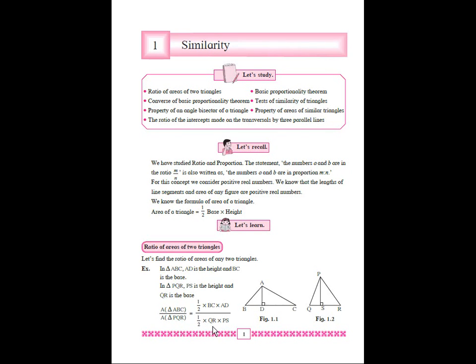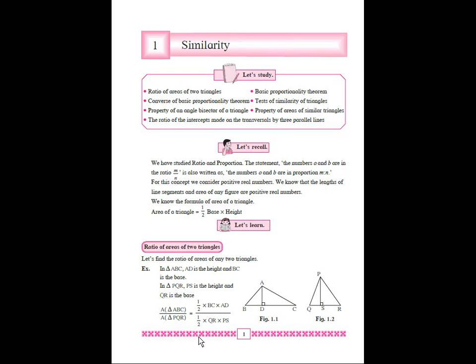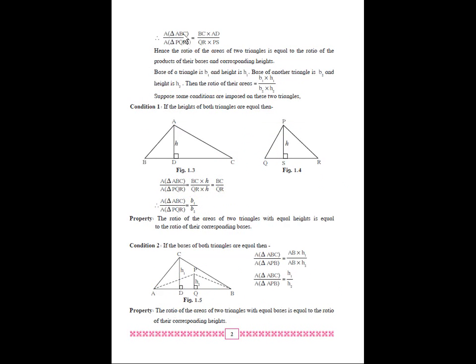QR is the base of the second triangle PQR, and PS is its height. If we remove the 1 half and 1 half, you get the area of triangle ABC equal to BC into AD, and the area of triangle PQR equal to QR into PS.